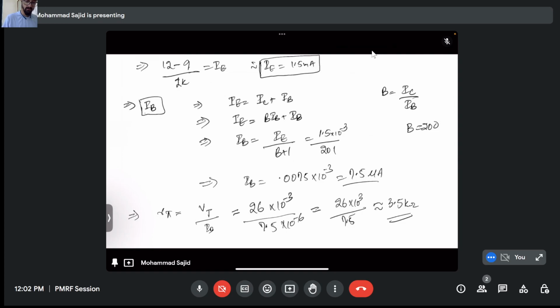Next, this R pi is in parallel to R1 parallel R2.